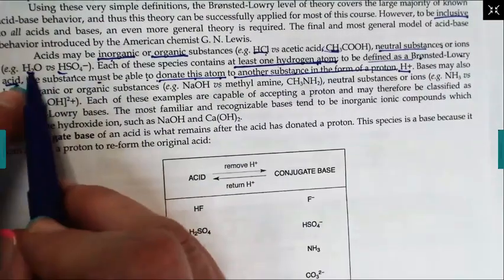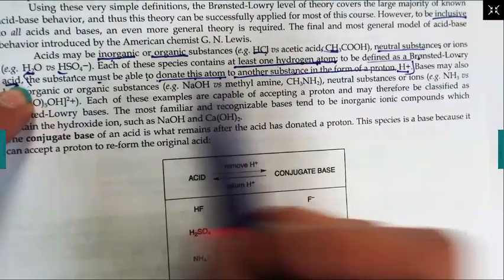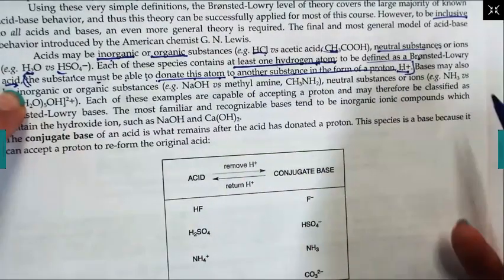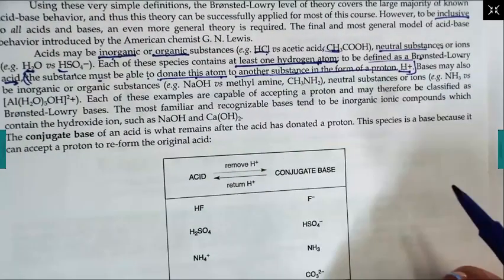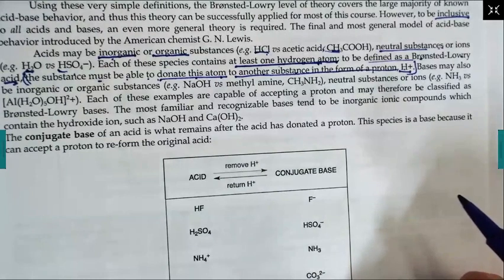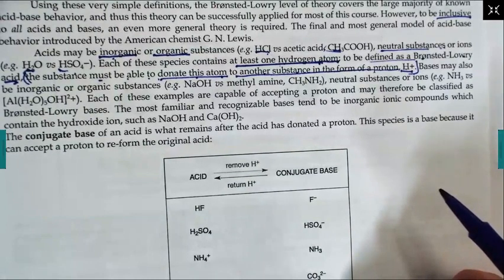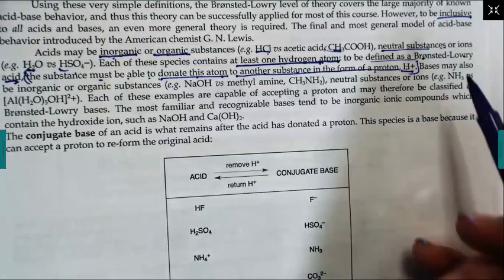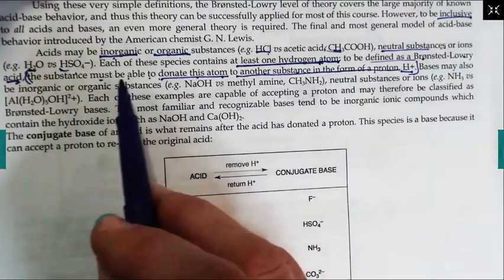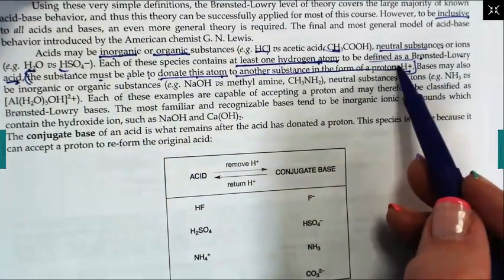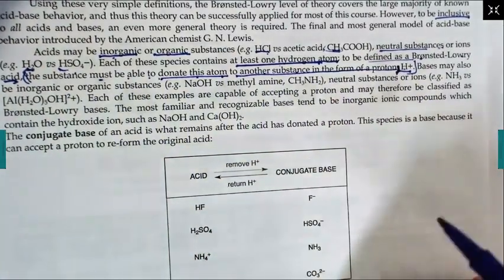So the fact that all of these have it, and they can donate it to another substance in the form of a proton. Yeah, it's almost exactly the same, right? What makes it different? It says to be defined as a Bronsted-Lowry acid, the substance must be able to donate this atom to another substance in the form of a proton, comma, but not and.